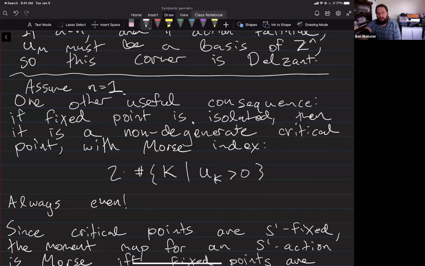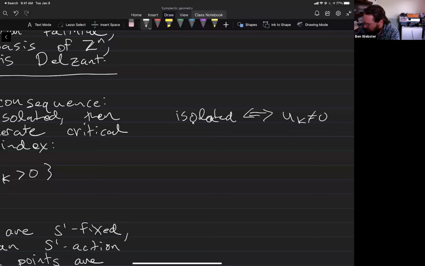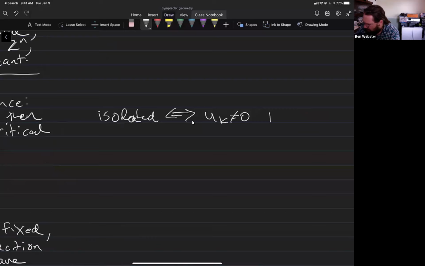So I'm getting a function to R given by my moment map. And you can check if the fixed point is isolated, that means that all the UKs are not 0. So a fixed point is isolated, it doesn't have any other fixed points in its neighborhood, if and only if UK is not equal to 0 for all K. Note for the N equals 1 case, these UK are just integers.